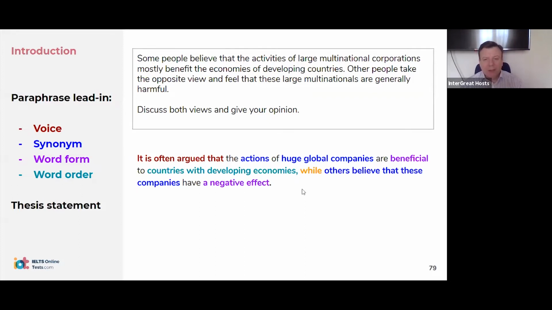Now we need a thesis statement. If anyone's quick at typing, see if you can write a thesis statement. Remember what our ideas were. So, in my opinion, I believe that.